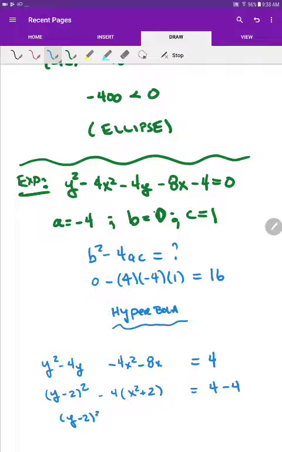Y minus 2 squared minus 4, and then this is x. Half of that is 1, squared, x plus 1 squared. And this is 0 over here, but I have 1 that I add times 4, so this is going to be 4.